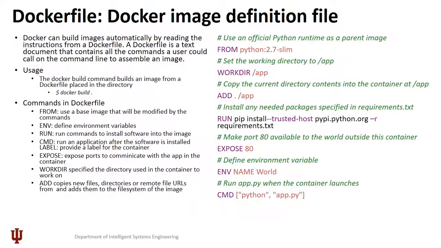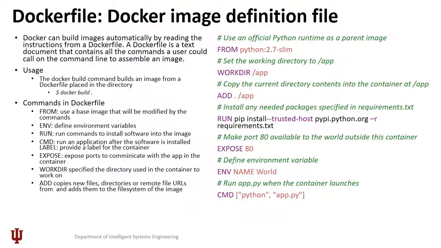Commands in the Docker file include FROM, which is used to say this is our base image from which we actually want to make some modifications. ENV for an environment, RUN to run the software in the image, CMD to run the application after the software is installed.